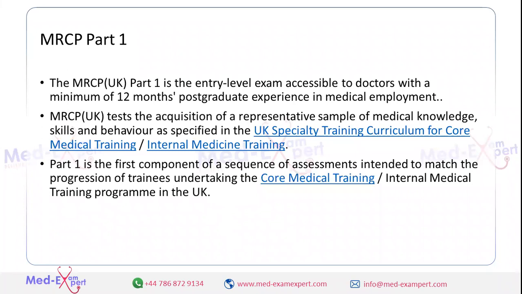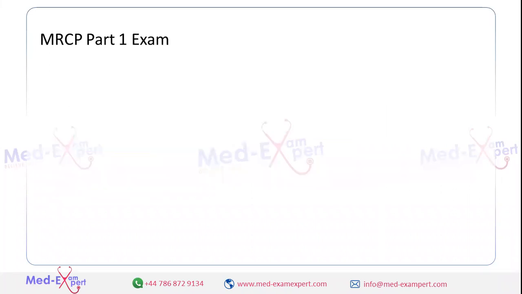In the part 1 exam, you get a few basic questions that involve your first and second year of MBBS, as well as a few clinical questions from medicine which are relevant in patient care.